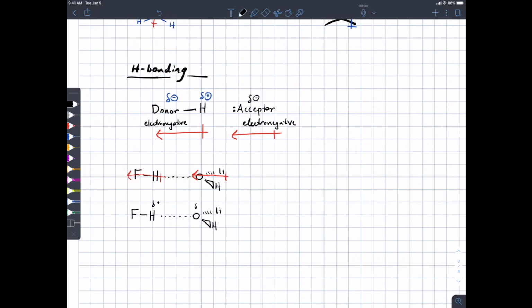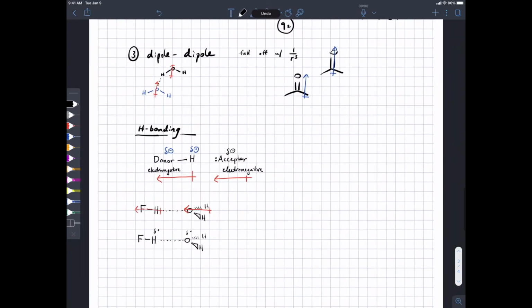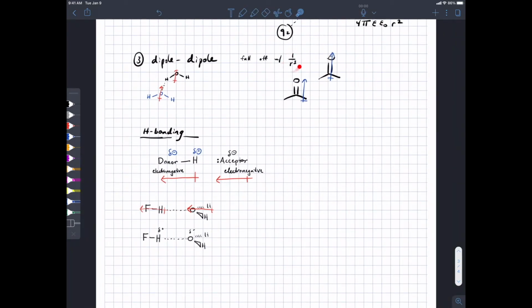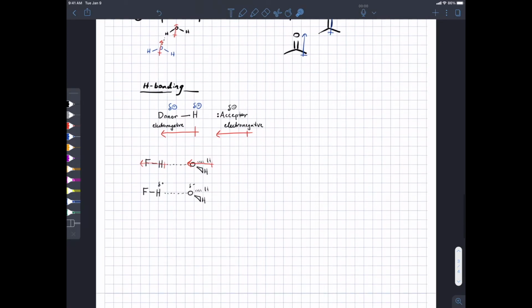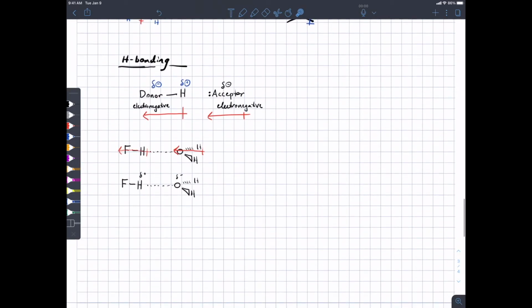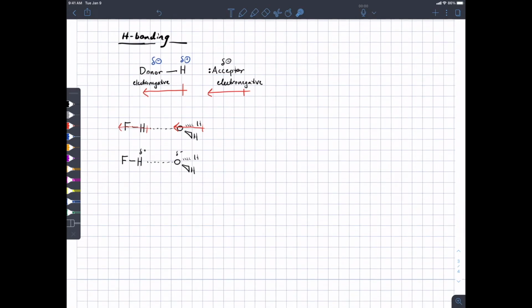Everybody sort of understands all of those ways of talking about hydrogen bonding. Now, the dipole-dipole interaction gets stronger at closer distances, and so that's when hydrogen bonds start to get particularly strong. In fact, you can almost think of a hydrogen bond this way.